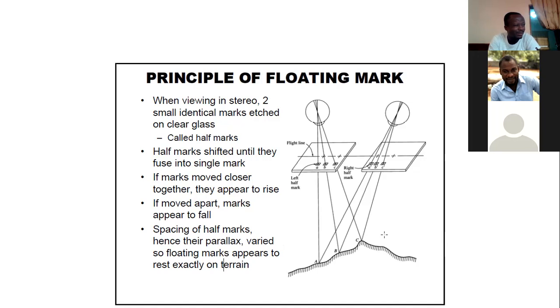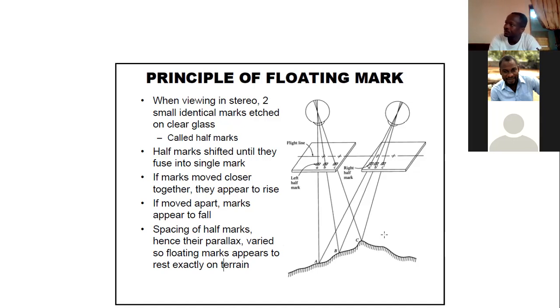I don't know how to put it, but what it means is that you are looking at something from the left and from the right in such a way that your eye base represents the position at which those images were taken. Is that okay? If the marks move closer, they appear to rise. Why? Because there's parallax.